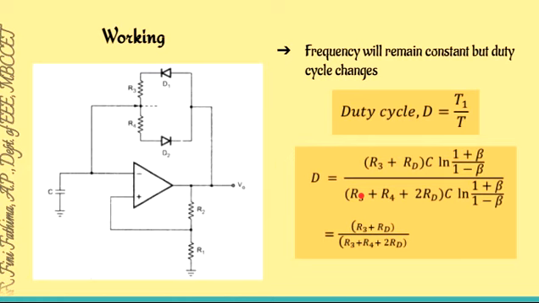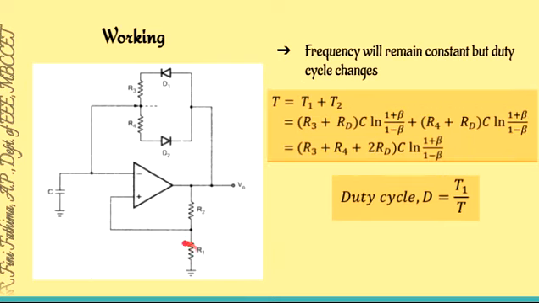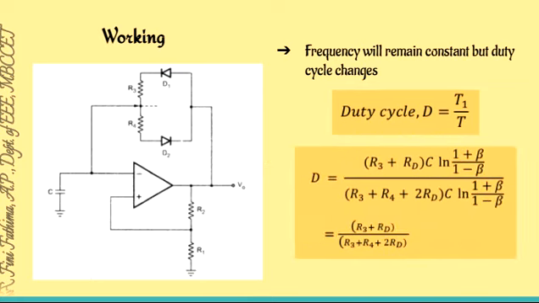Like that we can design. If you find it very difficult to remember R1 and R2, just put beta value equal to 0.46, where beta is equal to R1 divided by R1 plus R2, and that is equal to 0.46. Now you can design R1 and R2. Next we have to design this capacitance value.